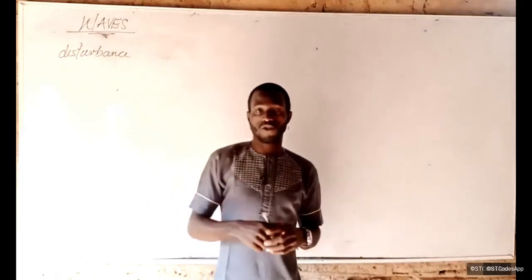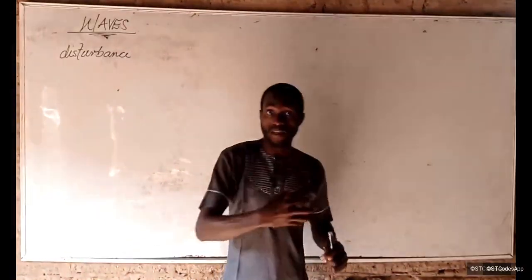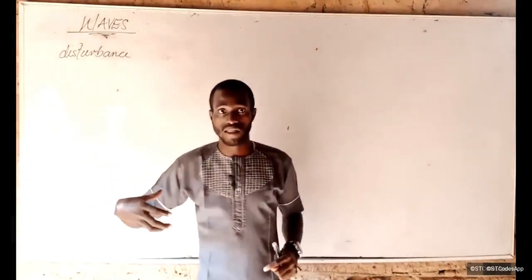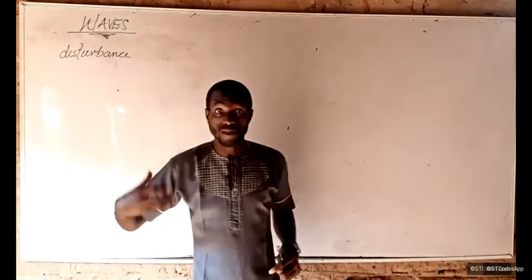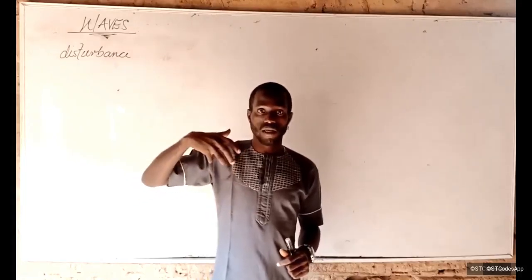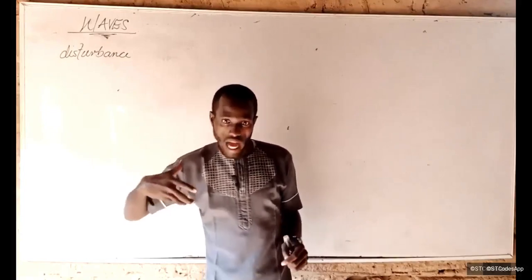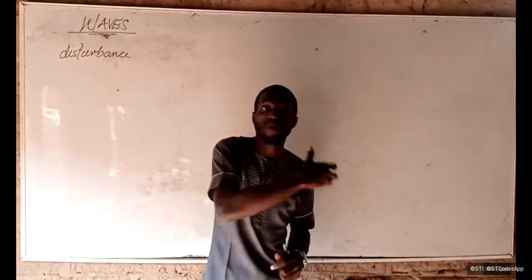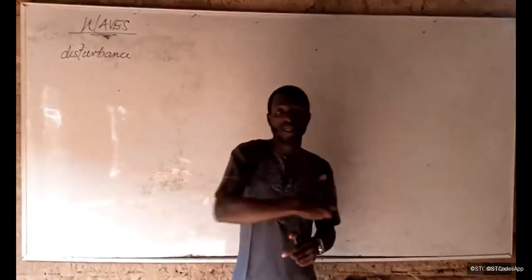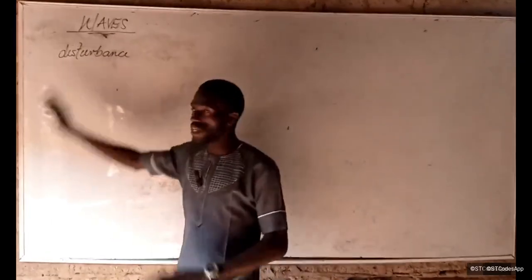So what you notice is that a wave transfers energy from one source to another, but without carrying the atoms of that material on which the wave is happening. Energy is being transferred from one point to another as a result of that wave. So it is primarily a disturbance.